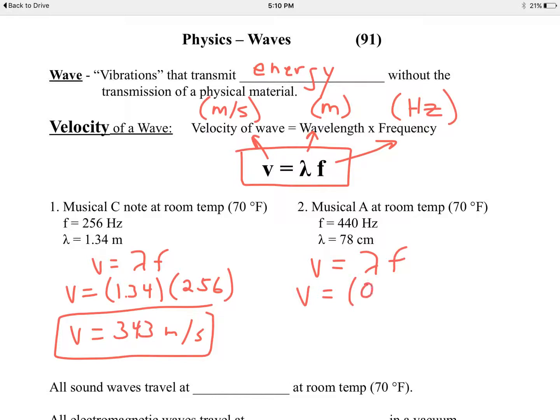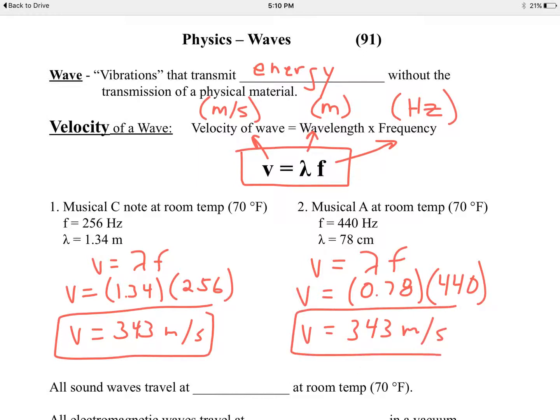That's 0.78 meters times the given frequency, 440 hertz. If we multiply those two numbers together, lo and behold, we end up with 343 meters per second, which is the same as we got in part 1.